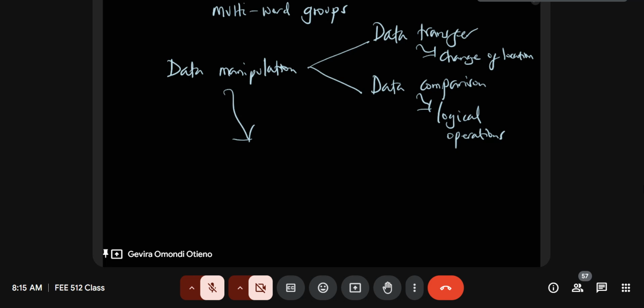So data manipulation instructions need to have what we call a source address and a destination address. Especially when we are doing data transfer, we'll have to specify the source address and the destination address from where we achieve the manipulation. Overall, data manipulations are performed internally.